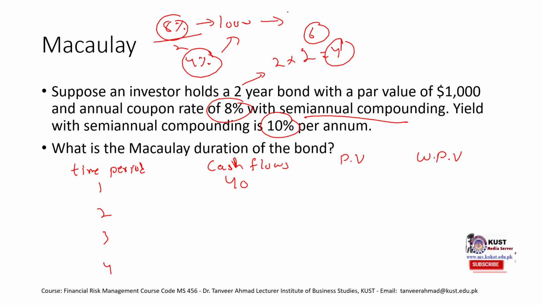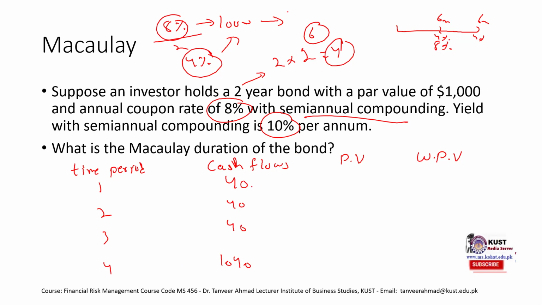Remember, when we say compounded semi-annually, it means that we would receive 4% after 6 months and then again 4% after a further 6 months. So each time period we would receive 4%, which is 40 rupees, and in the last time period we would receive 1040.